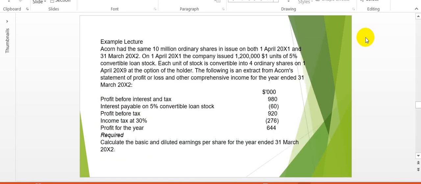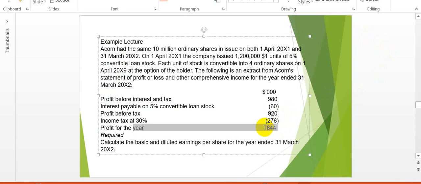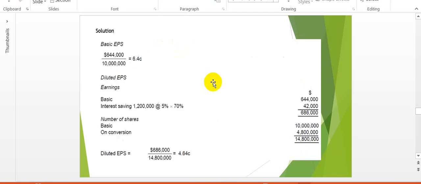The earnings to use for the basic is given there as 644,000. The current number of shares is 10 million. So 644,000 divided by 10 million gives us the basic EPS of 6.4 cents.